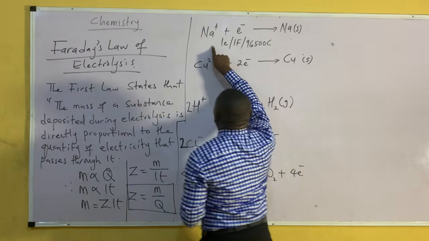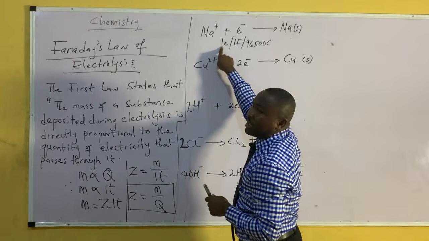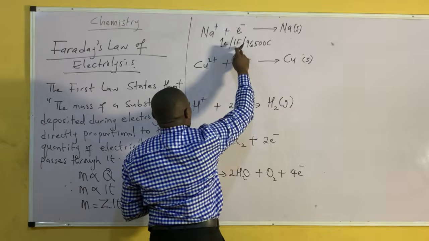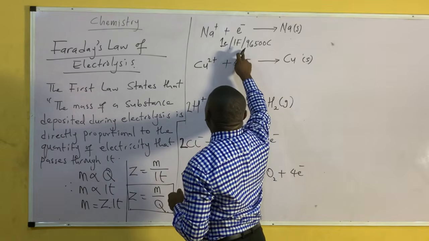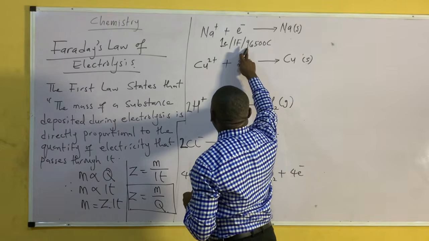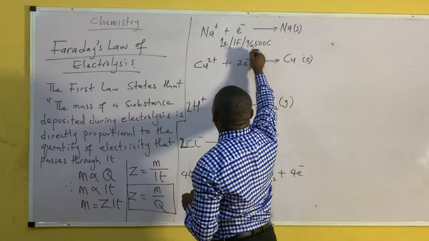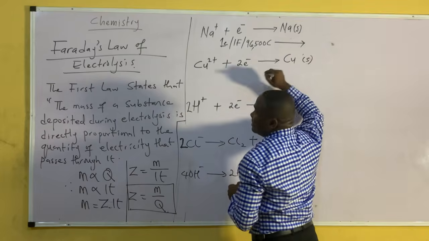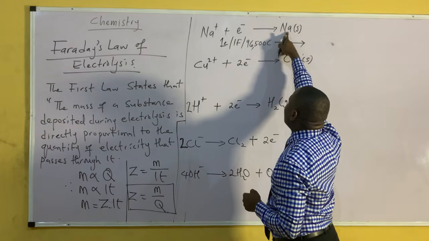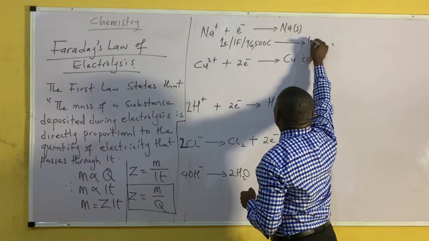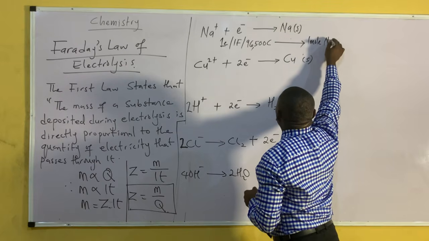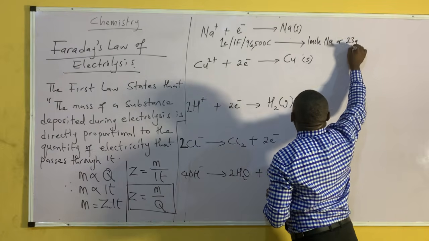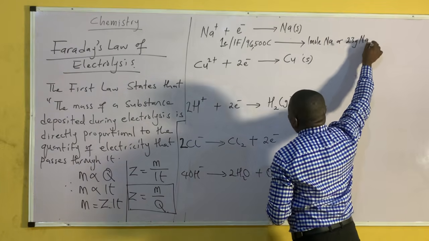So this equation is showing me that 1 electron, or 1 Faraday, or 96500 coulombs of electricity is needed to deposit 1 mole of sodium atom or 23 grams of sodium.